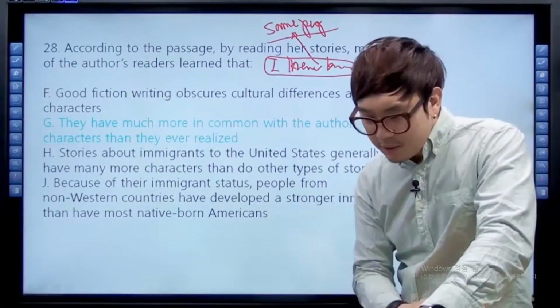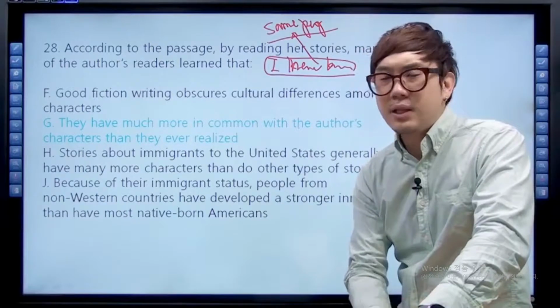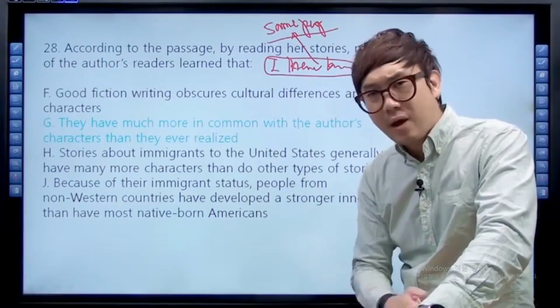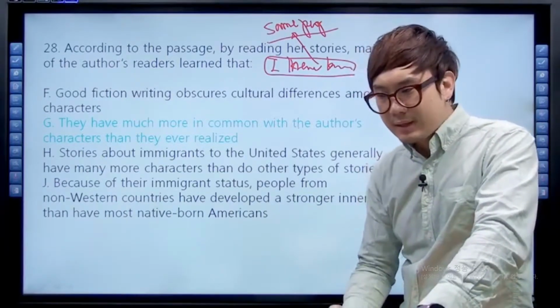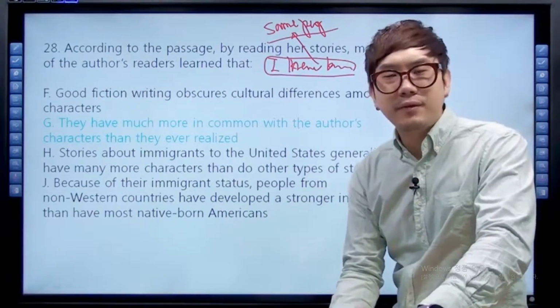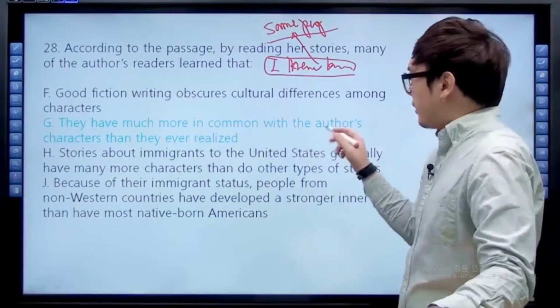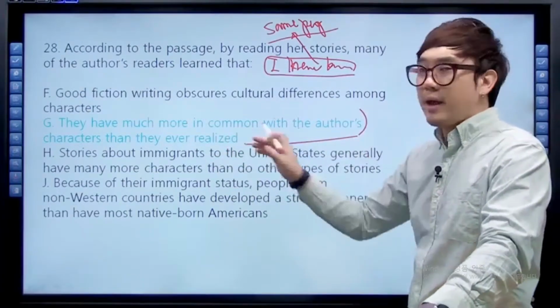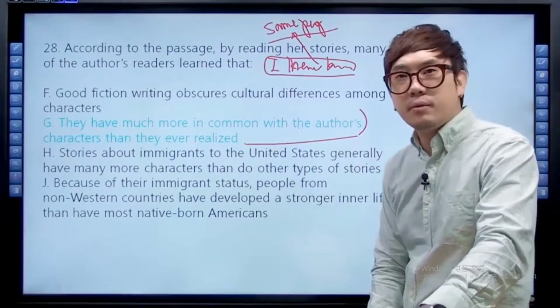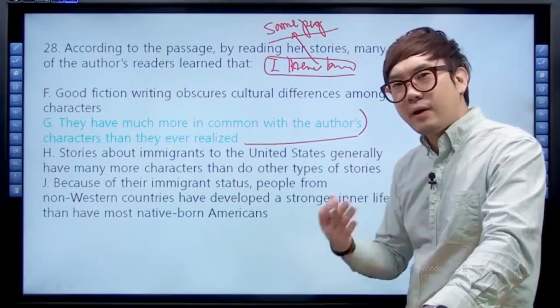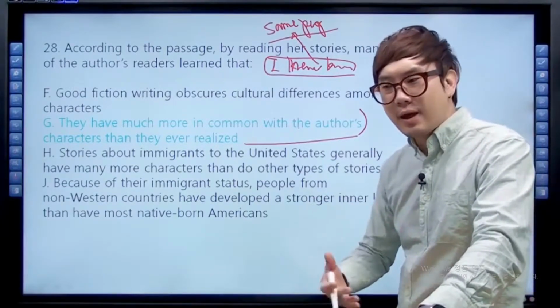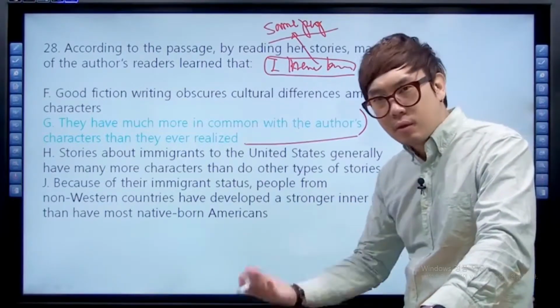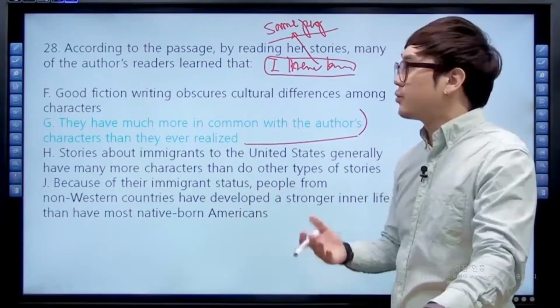Not just because they're immigrants, they work hard and they try to make a living here, but they are at least the same in the sense that they go through the same difficulties as we do. So that's the idea. They have much more in common with the author's characters than they ever realized. They're the same people, right? So somehow she's fighting off the racism. Somehow she's saying that we're about the same people. We do suffer from the same thing, and so on and on, right?